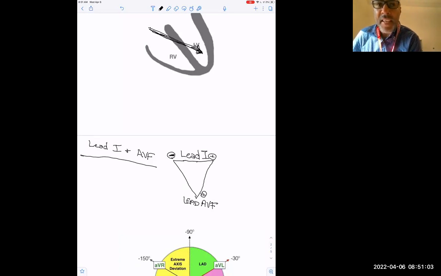So remember we said if you have an impulse or a force or a vector traveling away from a negative lead and towards a positive lead, that's going to give you what type of deflection on an EKG?